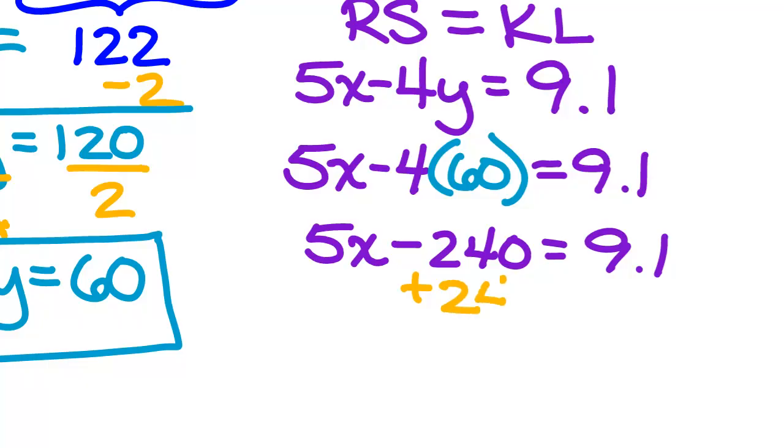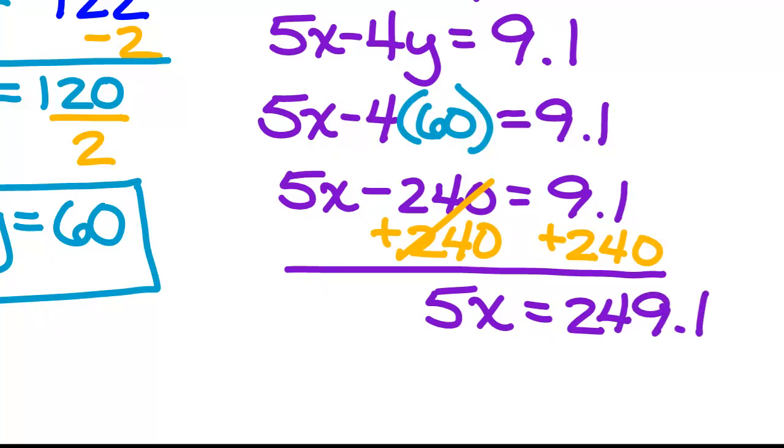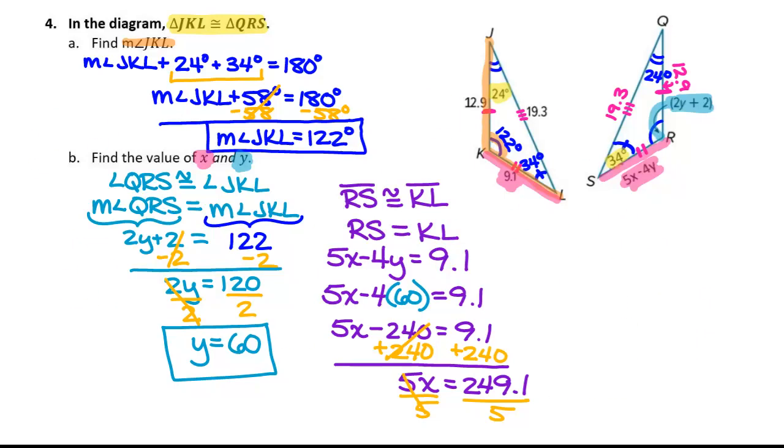I'm going to add 240 to both sides. So 5x equals 249.1. Then I divide both sides by 5. Do we get a whole number from this? No. Is it a horrible decimal? Not really.